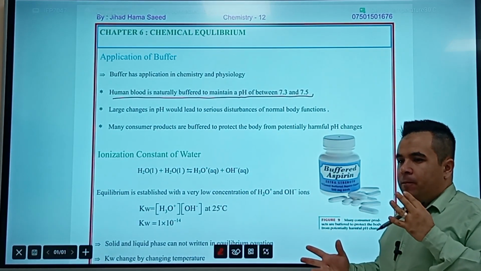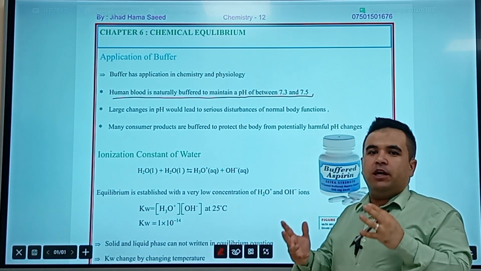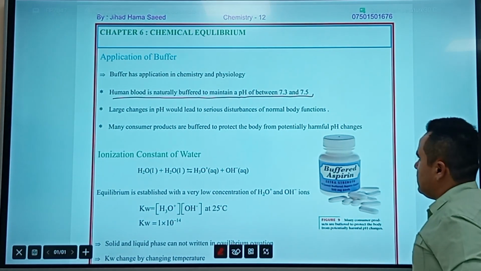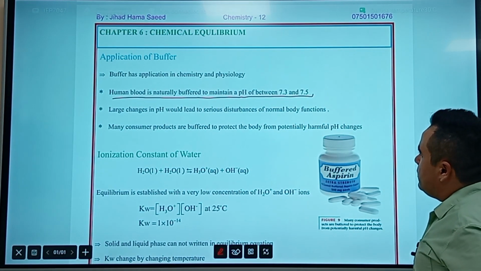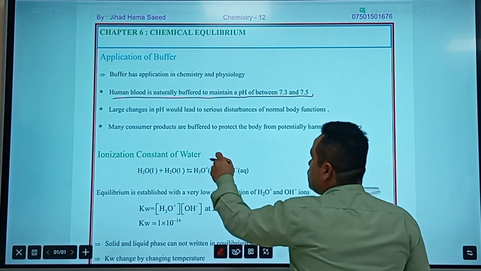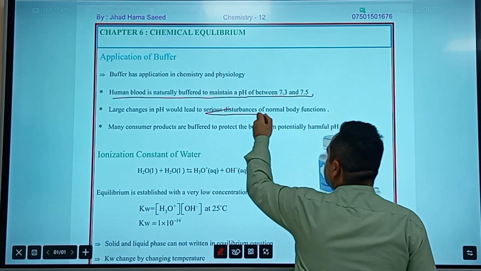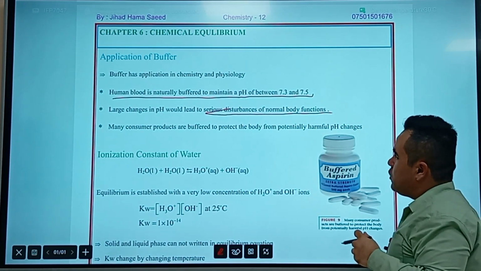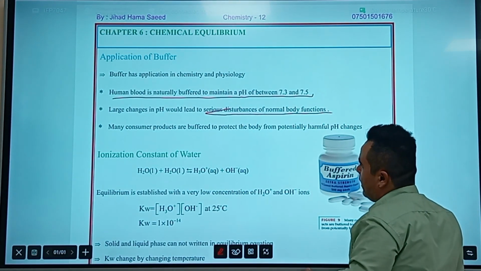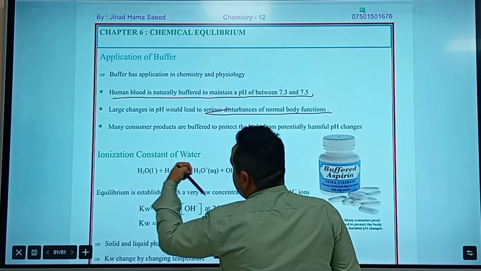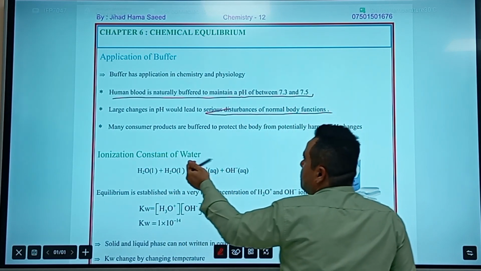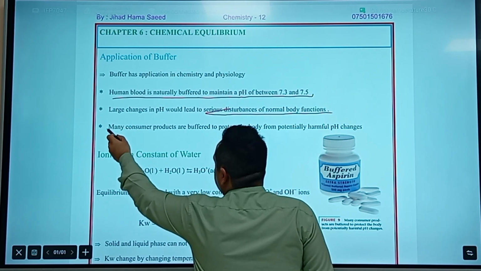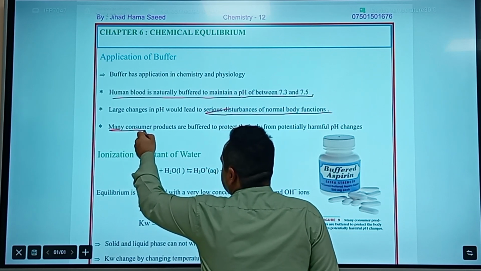Because a change in the pH of the blood may cause several sicknesses, and a large change in pH would lead to serious disturbance of normal body functions. That's why the pH must be buffered to resist change in pH. There should be a resistance of the pH.